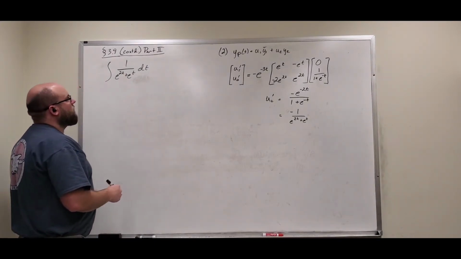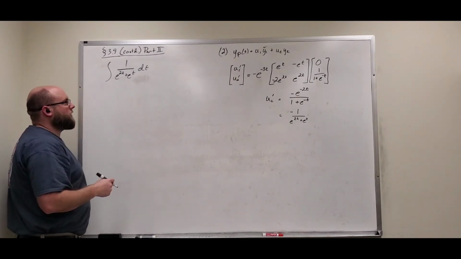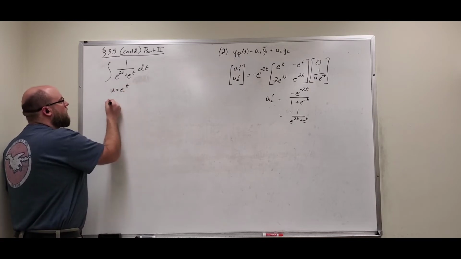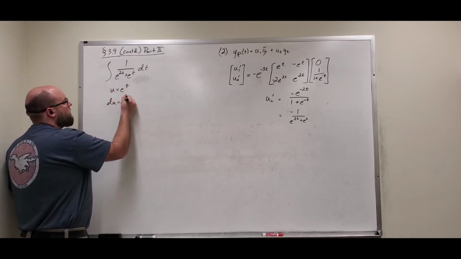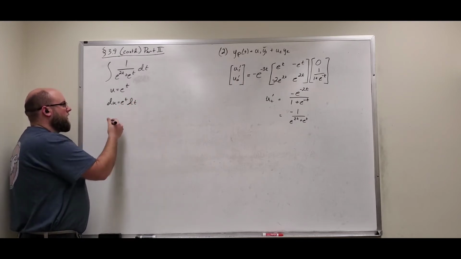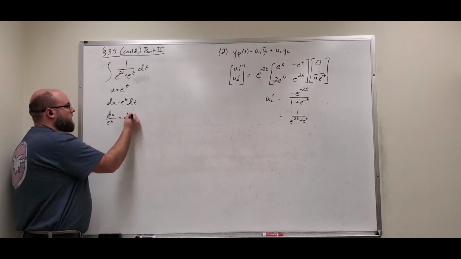So it doesn't look like a way to use partial fractions at the beginning, but if we let u equal e to the t, that means du is equal to e to the t dt. Or another way of writing that is du over e to the t is equal to dt.